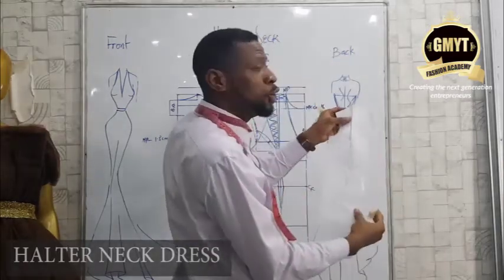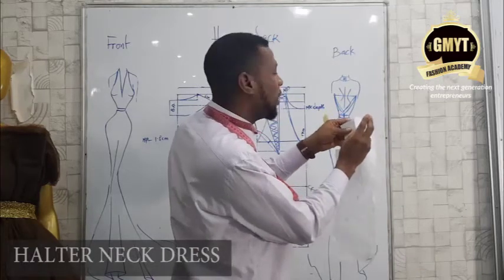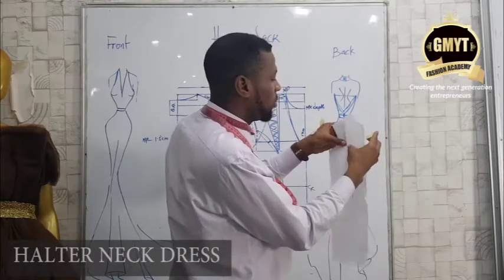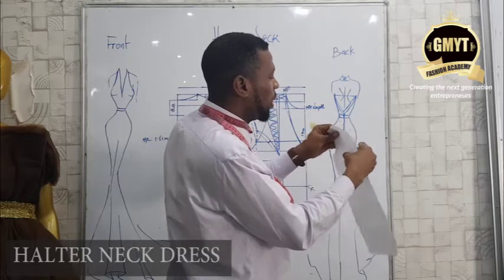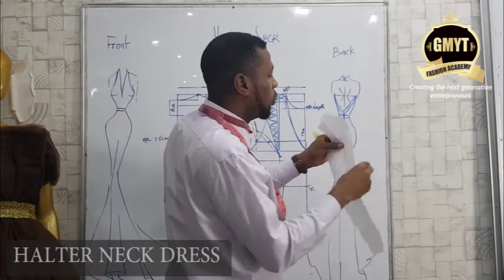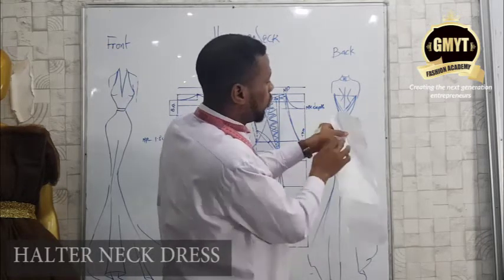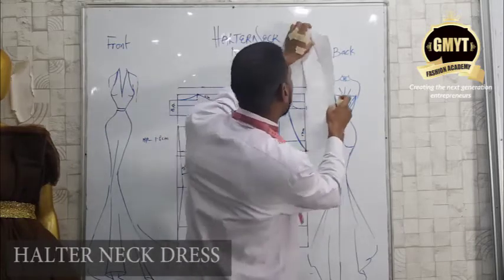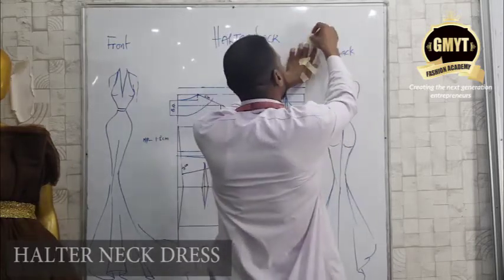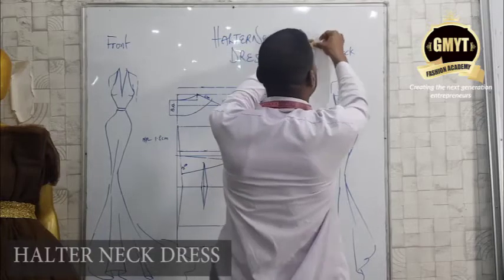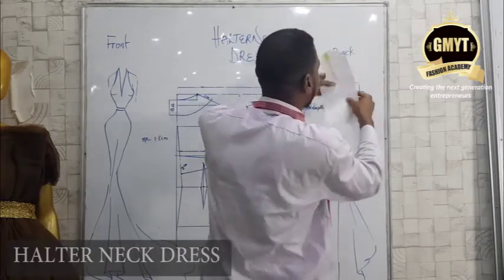So the first thing I say you should do is to close your shoulder dart, which is this. So once you close the shoulder dart, you realize that the pattern would give one funny shape, which is needed, because we're trying to alter the normal process of the pattern.